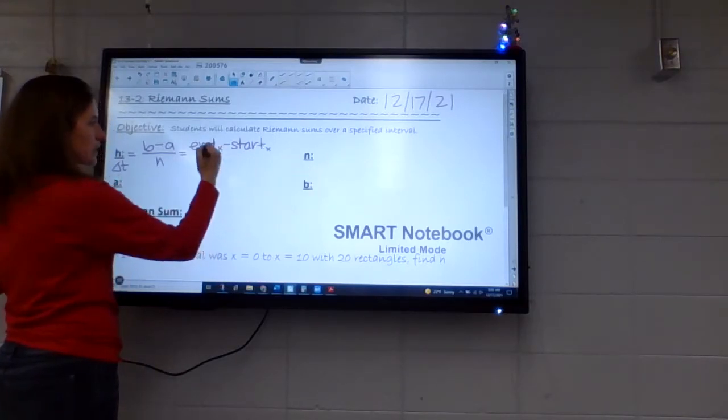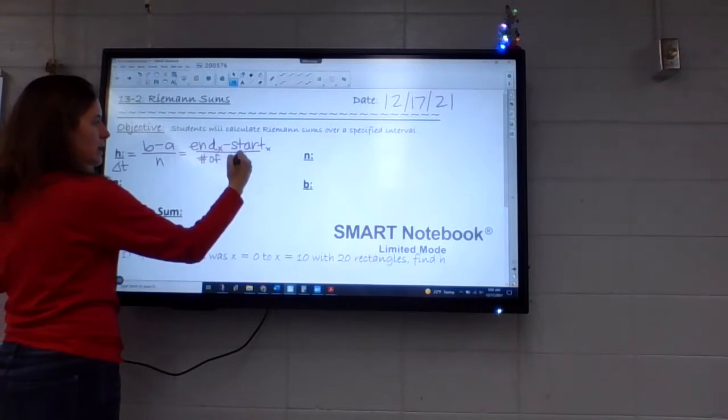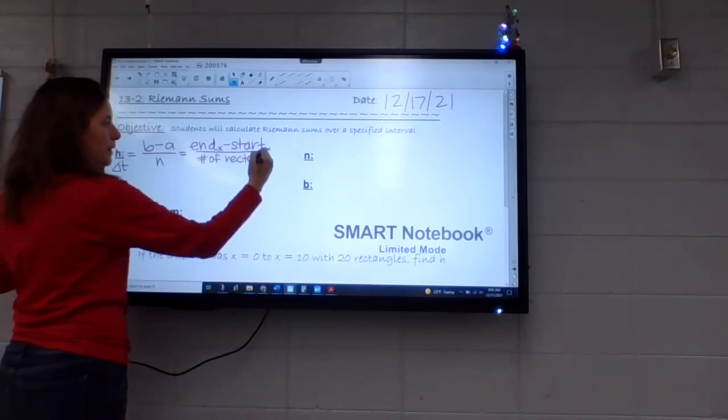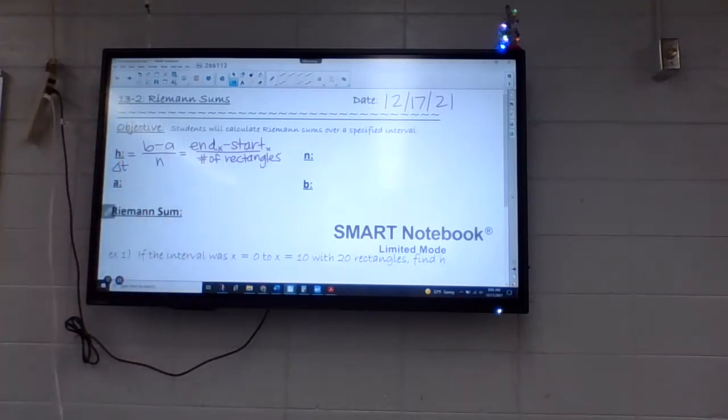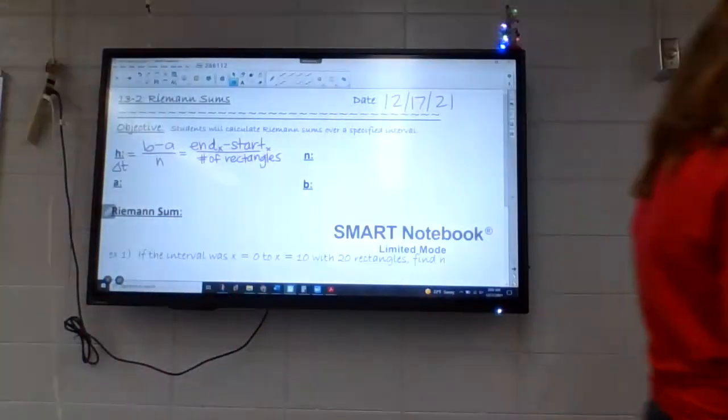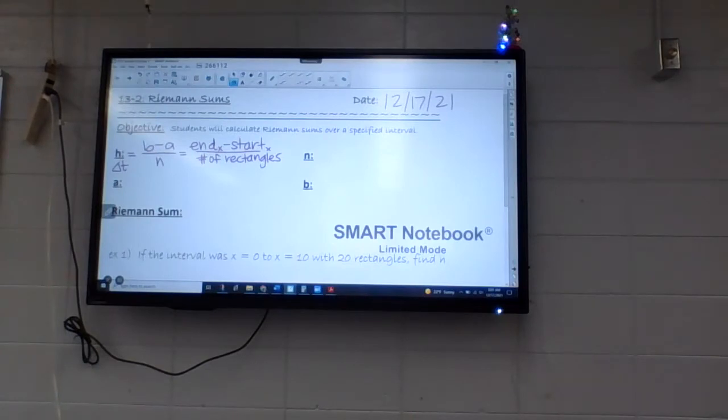Oh, I should have wrote those there anyway. And then the number of rectangles, or I think the word that we use sometimes is subintervals.